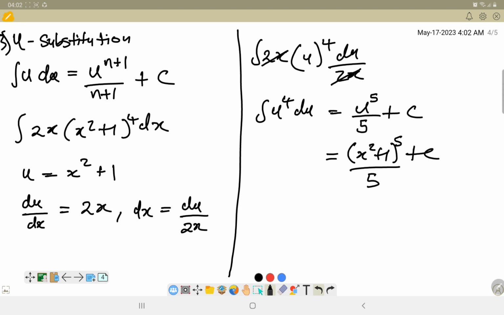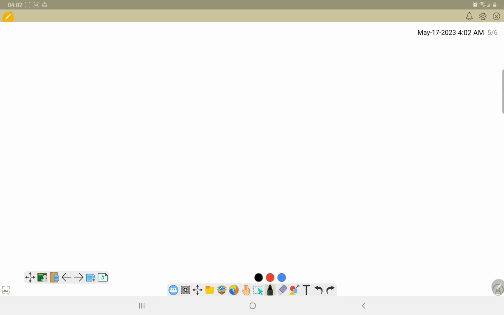So we can look at more examples. So if we have an integral of x squared times x to the power 3 plus 4 to the power 3 dx.